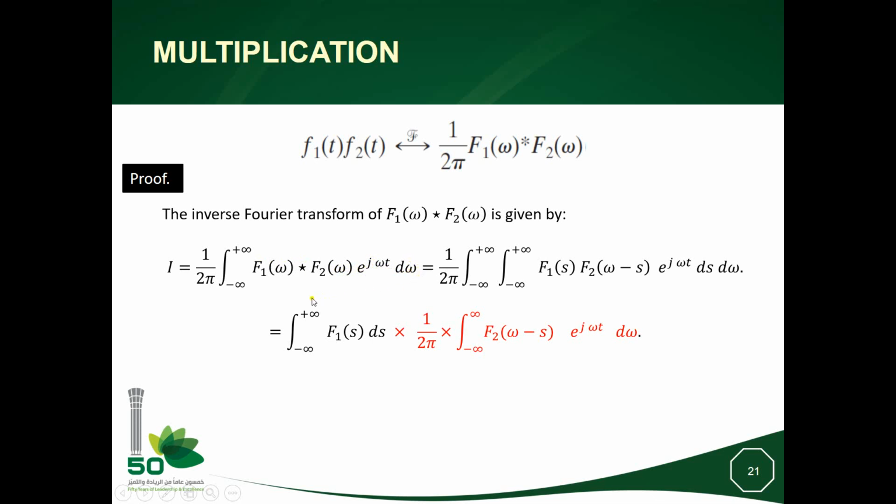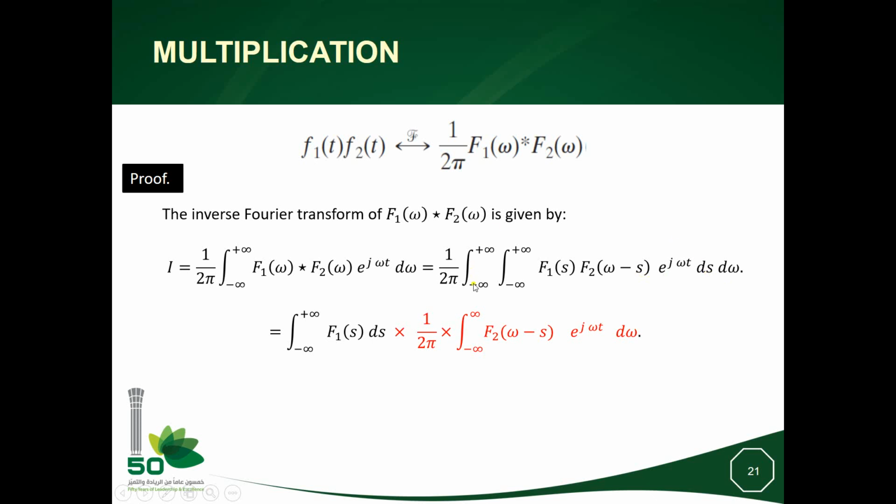So what I am calculating here is the inverse Fourier transform of the convolution product F1 and F2. And then I will express F1 convolution F2 by the definition of the convolution, which is the integral from minus infinity to plus infinity of F1 of s, F2 of omega minus s, ds.